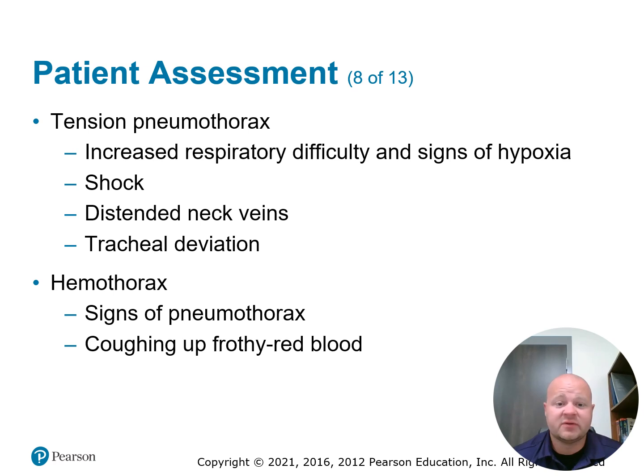Distended neck veins or jugular vein distension, tracheal deviation, those two are pretty late signs. You're not going to see those very quickly in a patient that has a tension pneumothorax. Hemothorax has the same signs as a pneumothorax, except they'll often cough up some kind of frothy red blood.